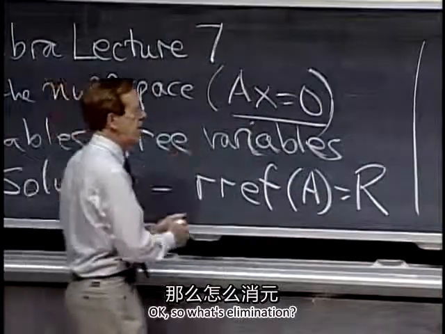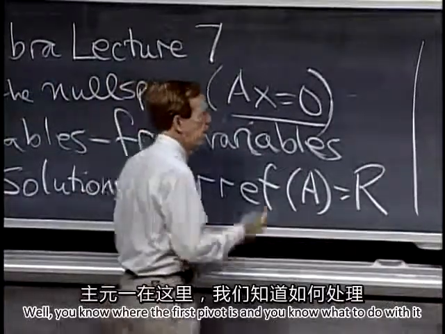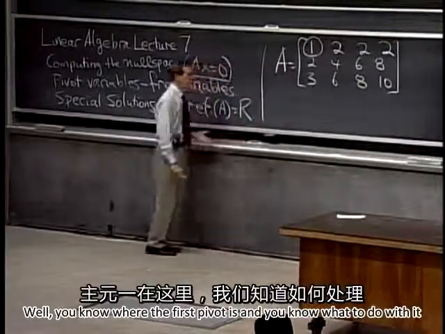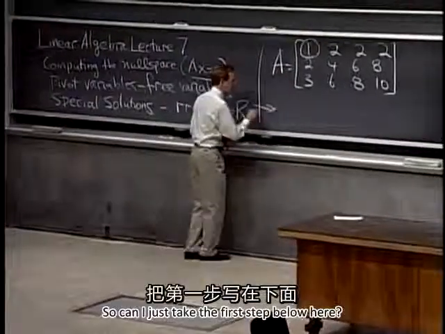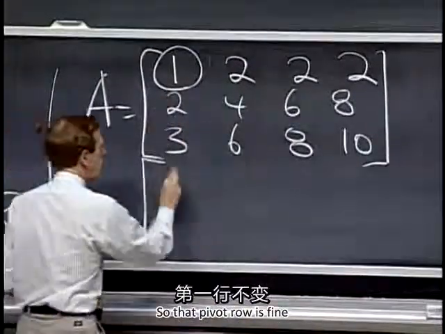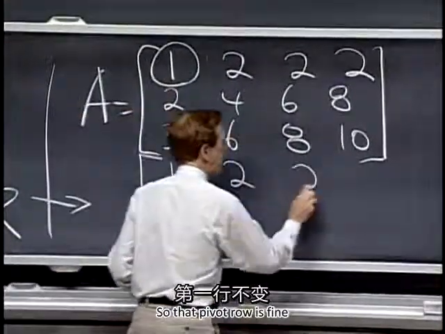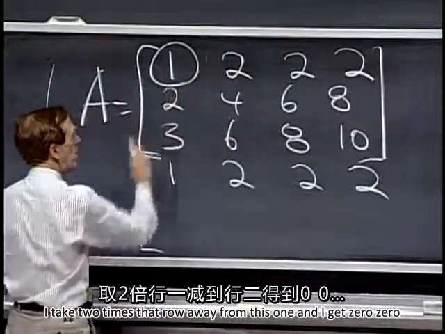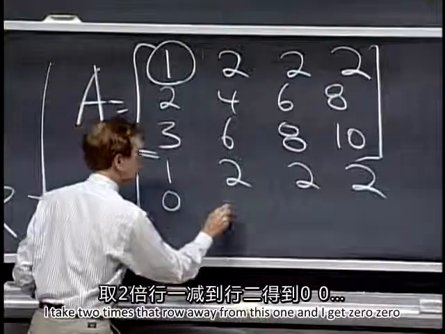Okay, so what's elimination? Well, you know where the first pivot is, and you know what to do with it. So can I just take the first step below here? So that pivot row is fine. I take 2 times that row away from this one, and I get 0, 0.